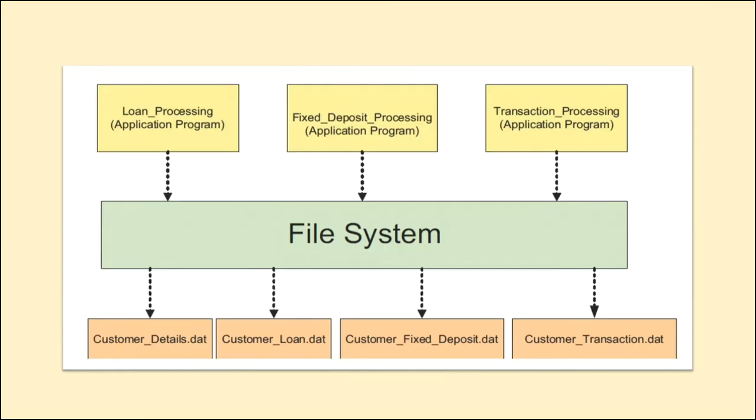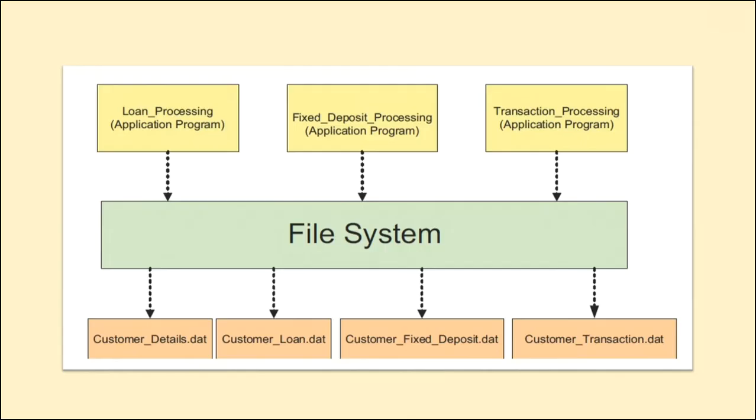Directly, the loan processing application program is dealing with the customer files and the customer loan file, right? There is no relationship between the customer details, the customer loan, and the other files. Whenever a customer takes a loan, the customer data is available in the first place, the customer details file.